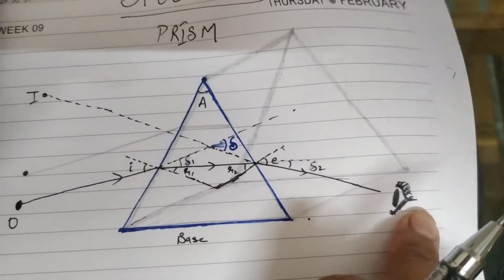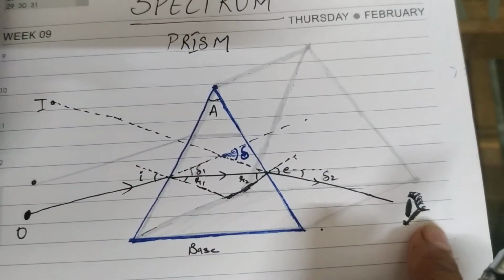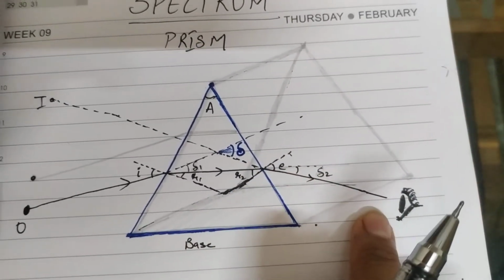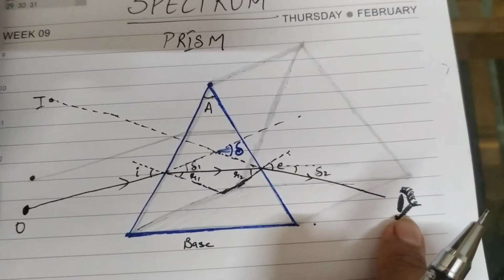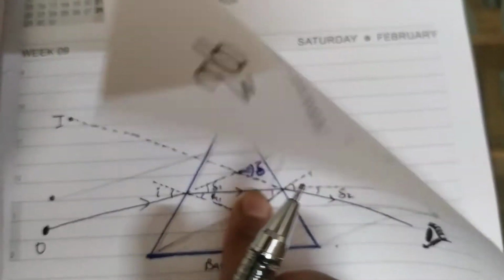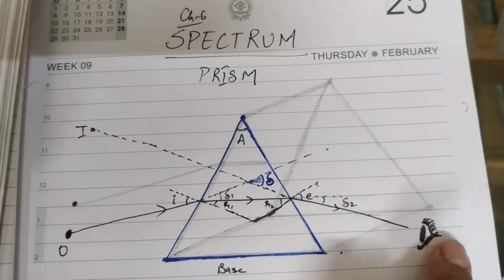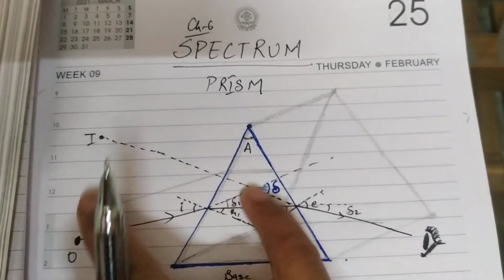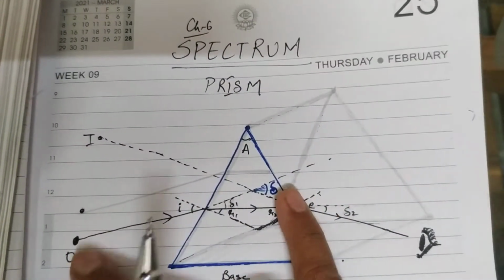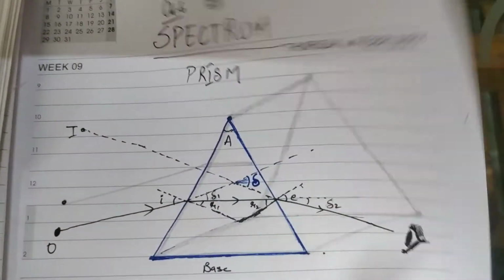And when a viewer who is near this edge sees this ray, because the rays enter our eyes when we view from this side, then we perceive that the rays are coming from somewhere over here, and the image in our eyes, on our retina, is formed over here. So we find the image of this object placed over here, at the eye position. So this is the prism action.